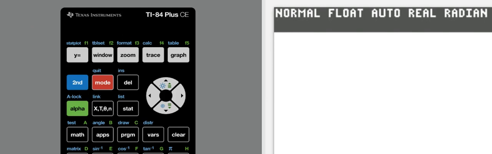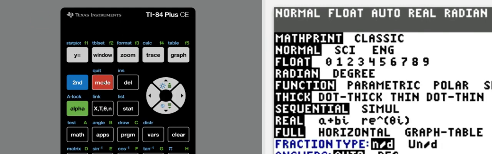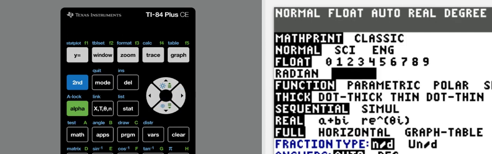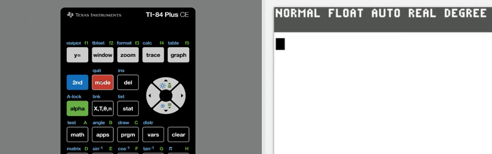But before I do that, I need to make sure my mode is in degree mode as opposed to radian. So notice right now my mode is in radian. I need to change it to degree. So I press enter. I'm good to go. I'm going to press second mode to quit out.